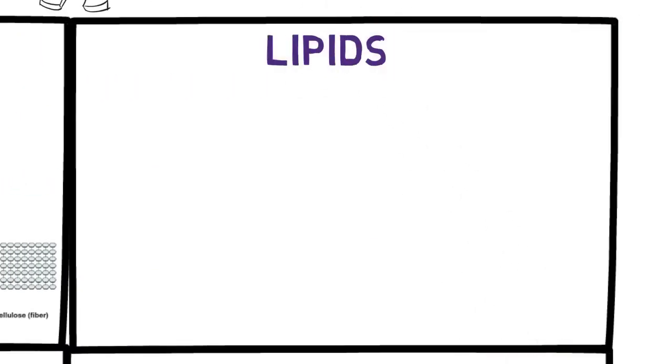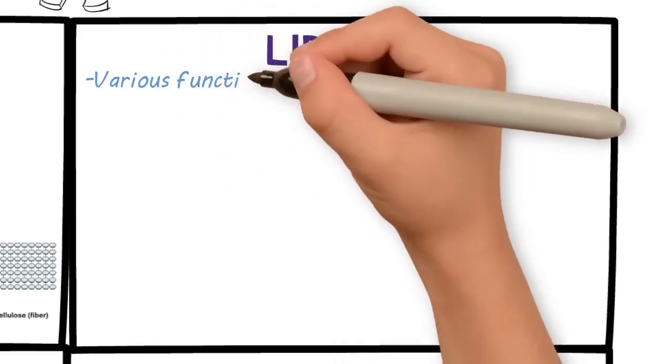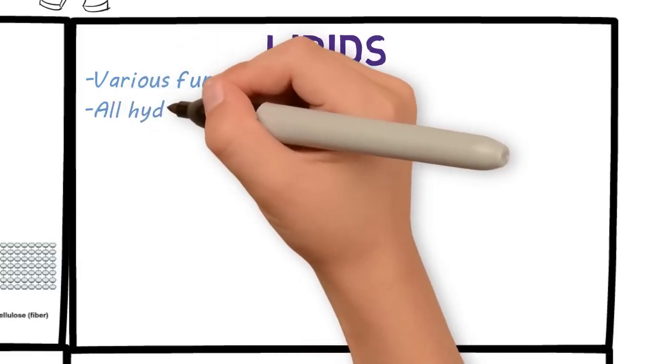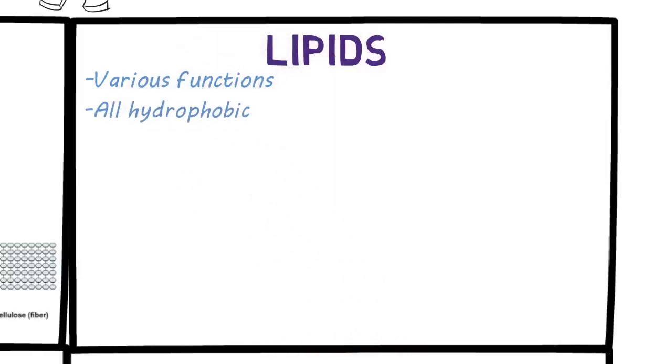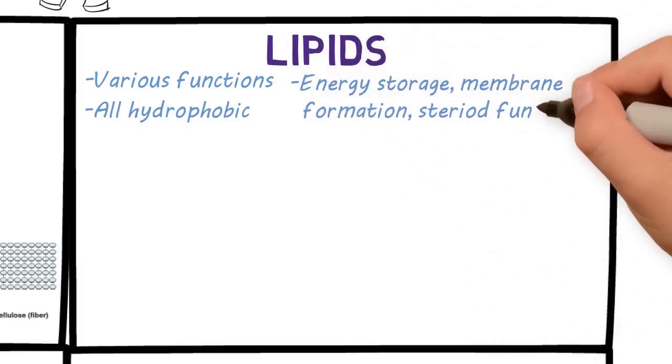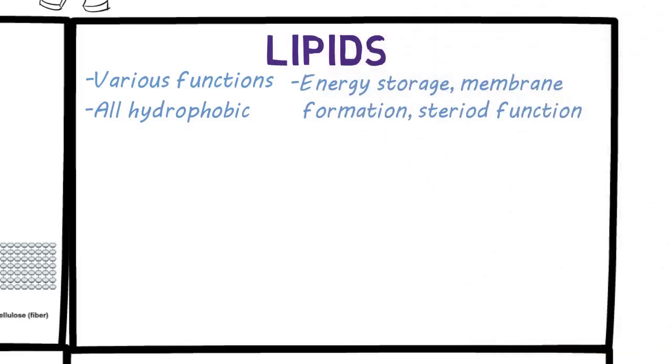Moving on to lipids. Lipids have a variety of functions in living organisms, and there's a lot of things lumped into the category of lipids because they're all hydrophobic. Some functions include energy storage, cell membrane formation, and steroid function. They have no real monomers. They just are what they are.